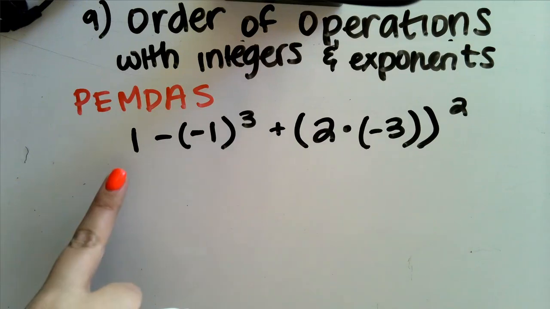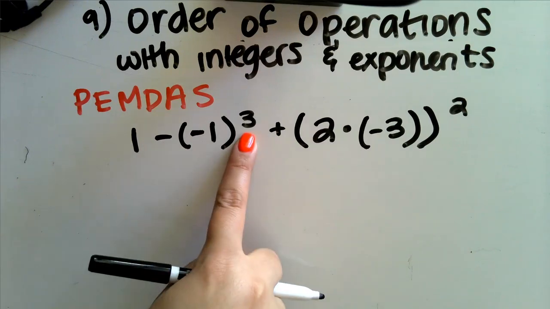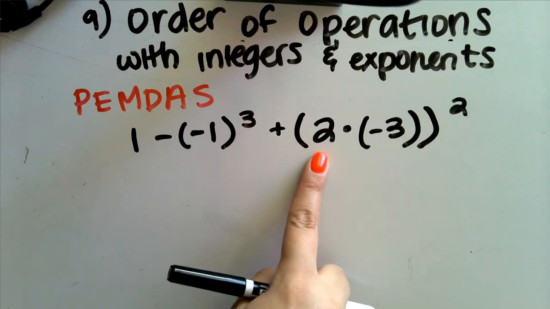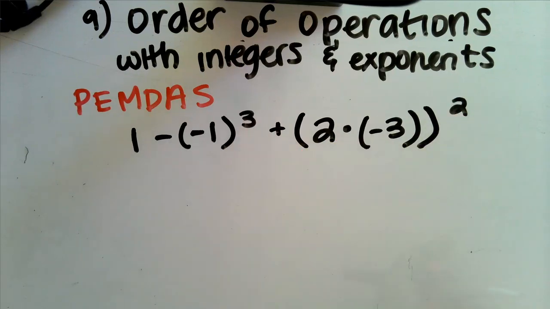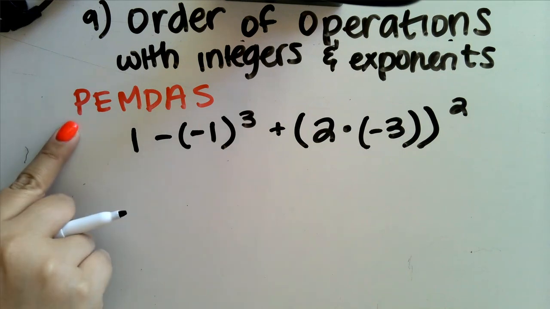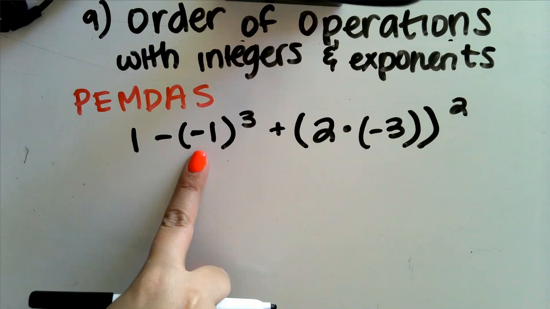Today we are evaluating 1 minus negative 1 to the third power plus 2 times negative 3, all of that to the second power. So following our order of operations, the very first thing I want to do is pay attention to parentheses. We got a set of parentheses here, but there's no operation happening in there, so I don't have to do anything.